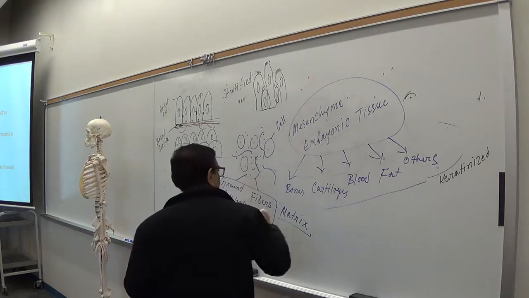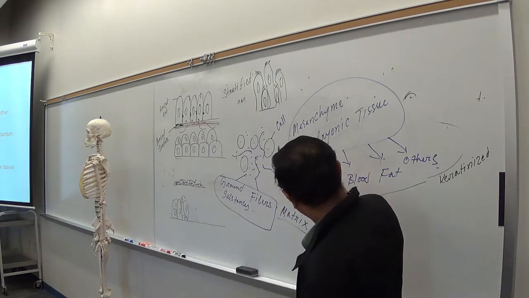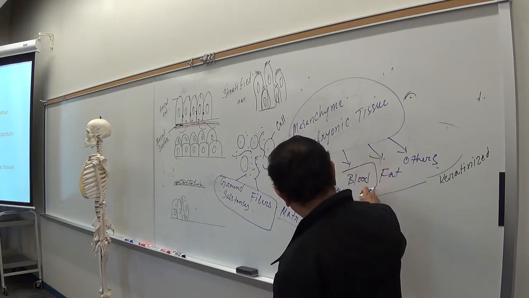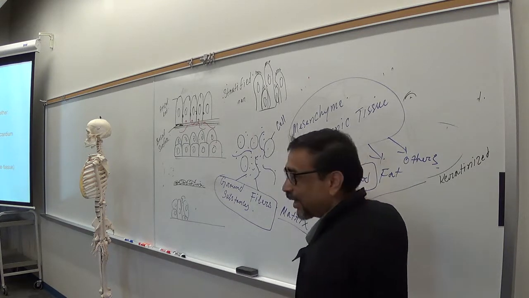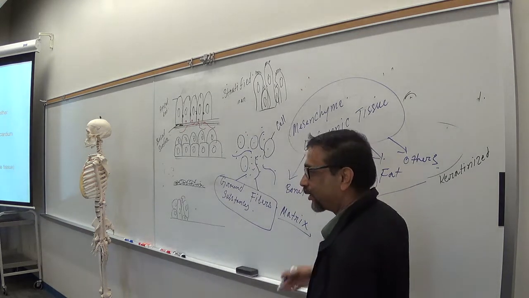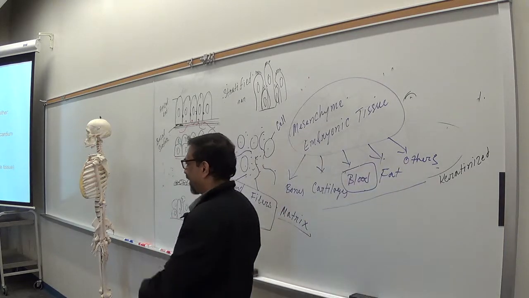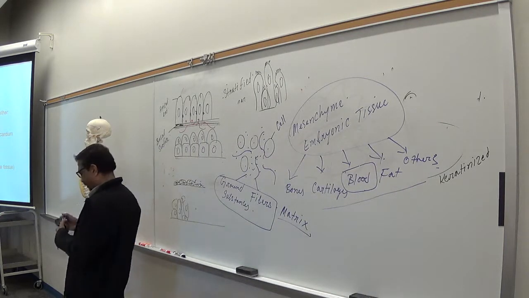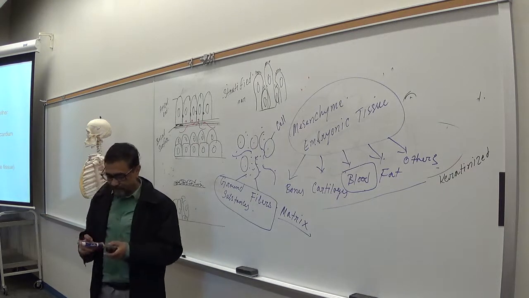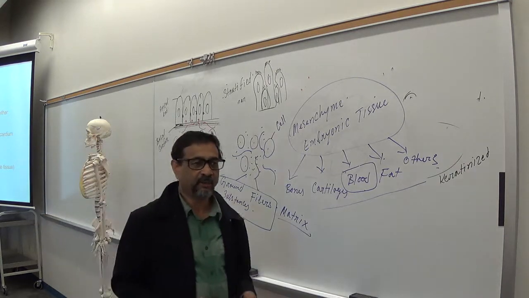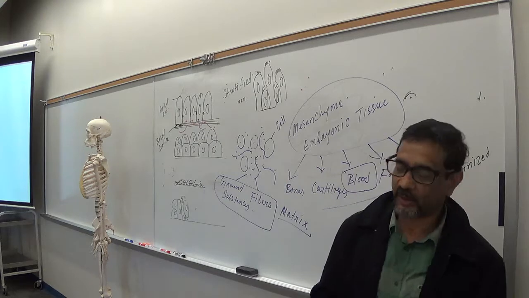Transport. Which type of connective tissue helps in transport the most? The blood. You know that, right? Blood transports different chemicals. So those are a few very important functions of connective tissue. There are many more.